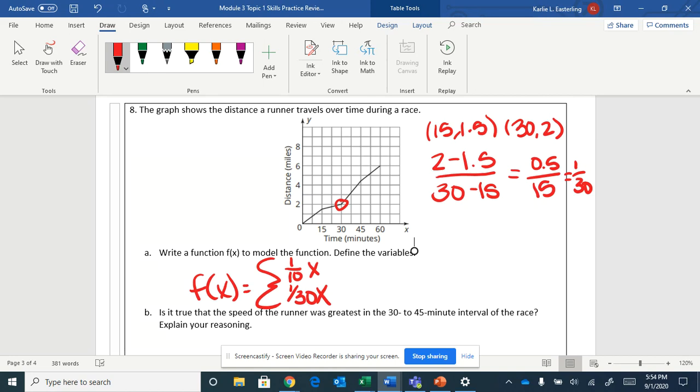So let's look at the first point of that. So we'll look at (15, 1.5). And remember, whenever we're looking at this, it's y over x.